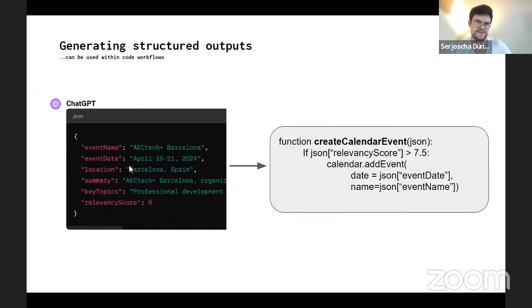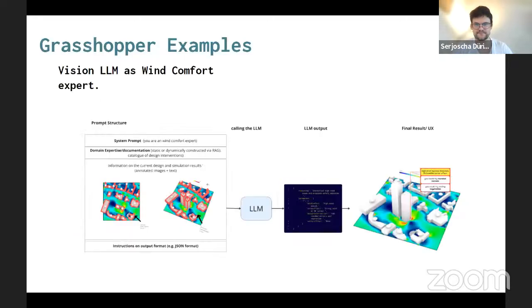So the next step would be to take this output and have a function, for instance in Python, that creates a calendar entry on my Gmail, Google Calendar, or something else, and directly translates that into something I can use, right, into a workflow. And that's something we use in the examples provided here as well. And from the concept, these are the few basic concepts when you build applications with large language models.